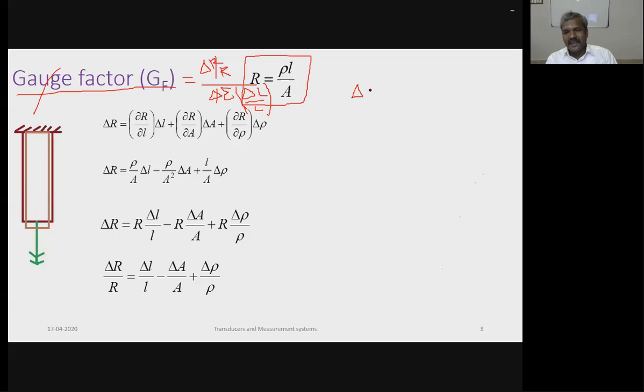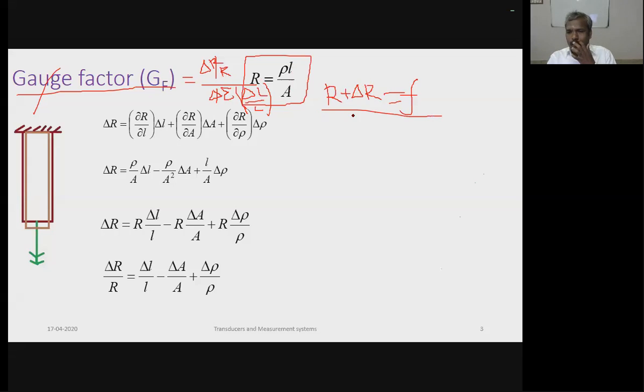The same formula is used here. What is R plus delta R? R is the resistance and delta R is the change in resistance. It is a function of rho, L and A, that is rho L by A.